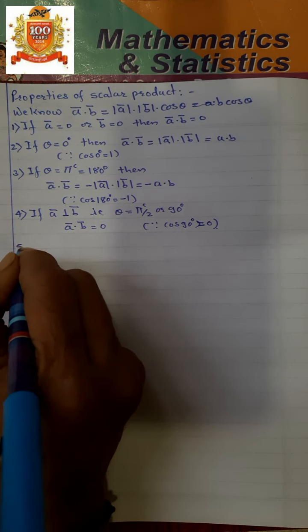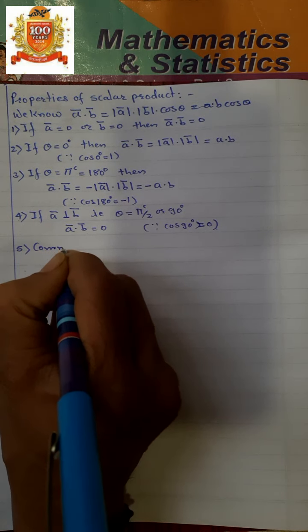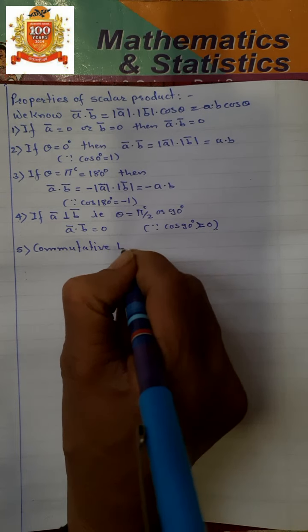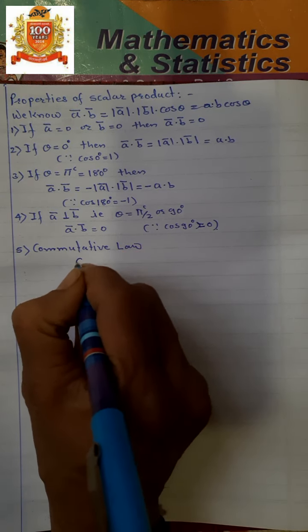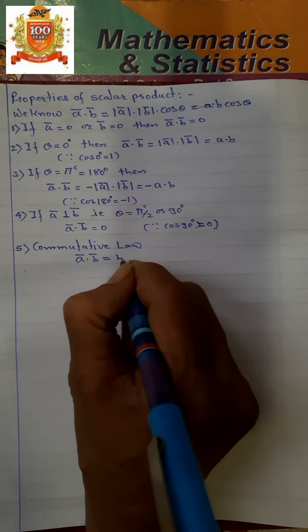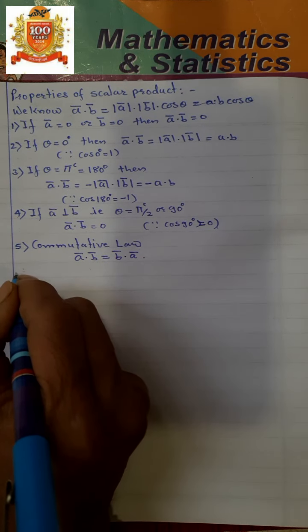Now fifth property, commutative law. What is commutative law? A bar dot b bar can be written as b bar dot a bar. That is called as commutative law.